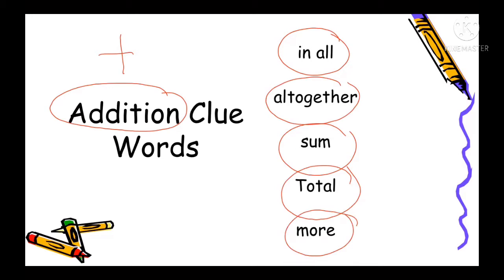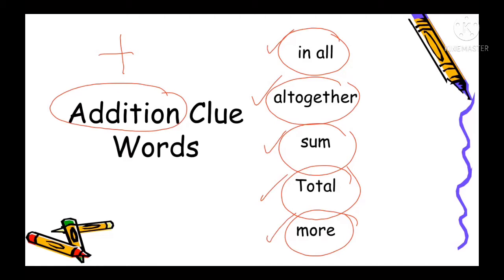If you see these in a word problem, that means you will do plus or addition. Altogether, that is also addition. Sum, it's also addition. Total, it's also addition. More, it is also addition.